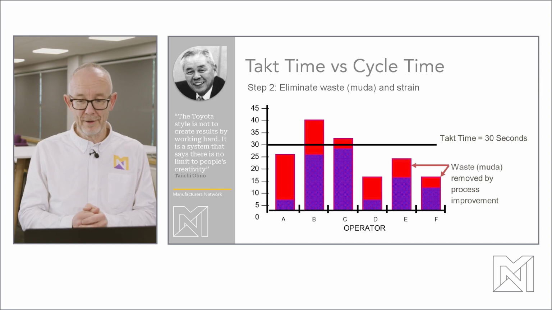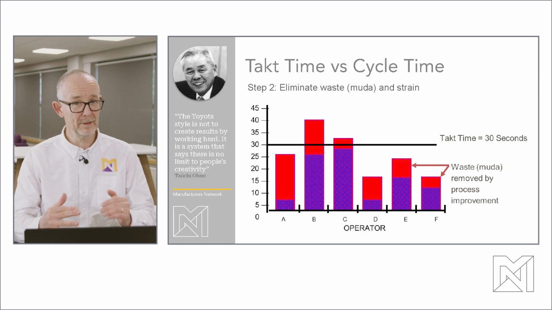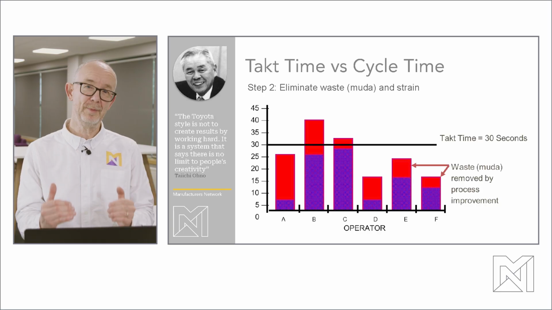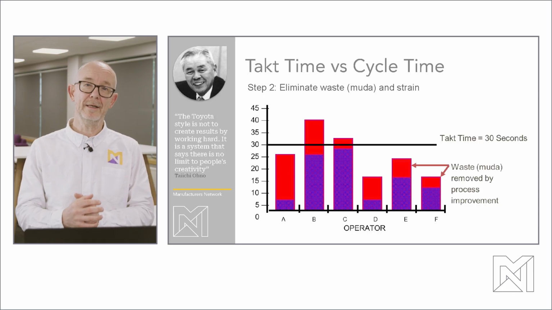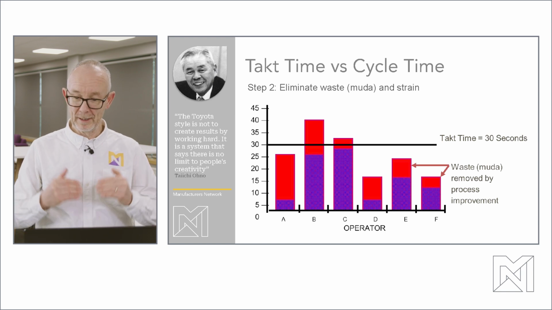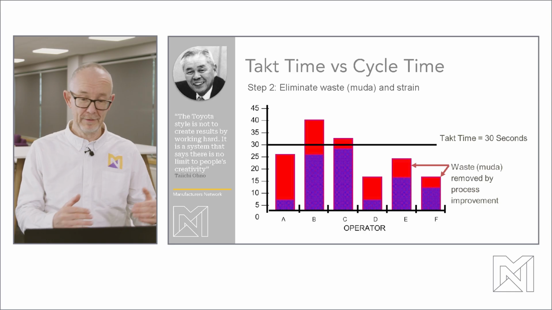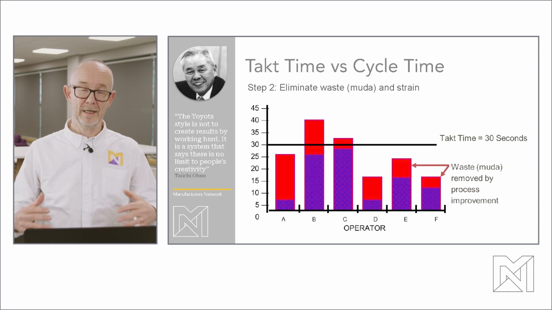And you can see now that having eliminated waste, we've reduced the cycle time of all the steps and brought steps B and C to within the takt time. So that's a significant step forward. We can meet the demand rate of the customer. However, we still have significant imbalance in the operational cycle times. So what might you do next?